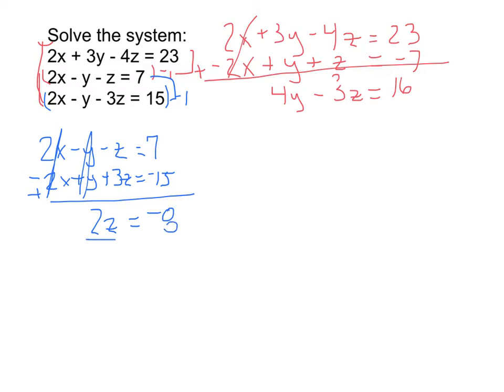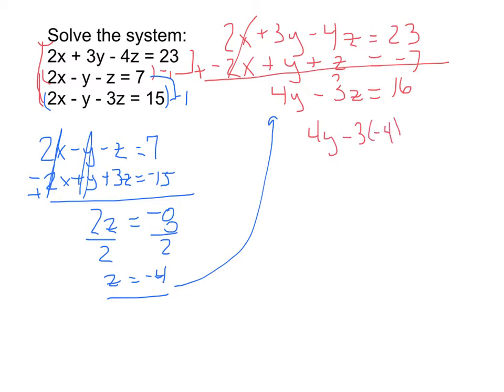So I know 2z equals -8, so if I divide through by 2, z is -4. Once you get one value, then you just kind of work your way backwards to get the other two. So I'll take that -4, and I'll plug it into this equation that has two letters. So now I have 4y minus 3 times -4 equals 16. 4y plus 12 equals 16.